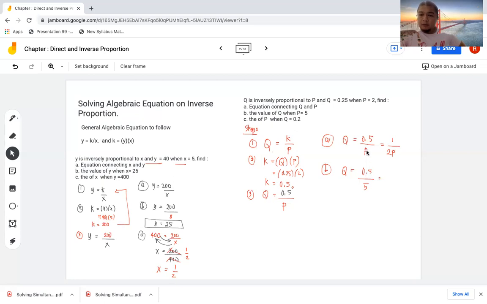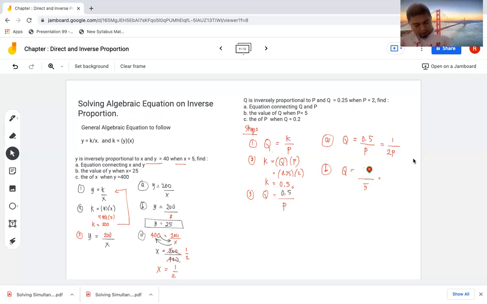So how did we get that? We just multiplied both numerator and denominator by 2 so that the numerator can give us a whole number. All right.